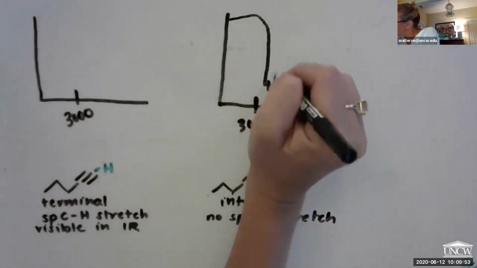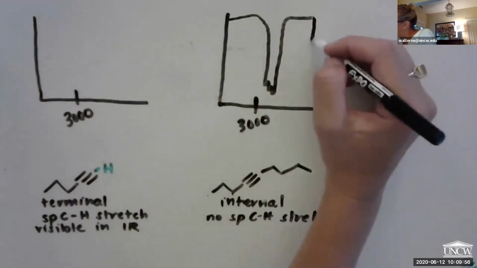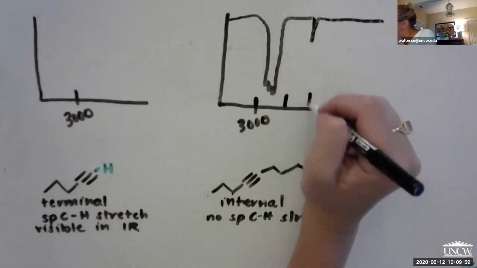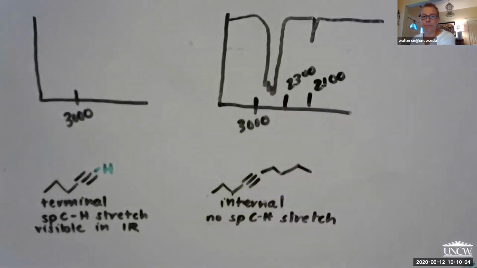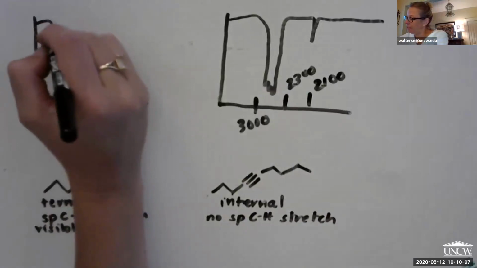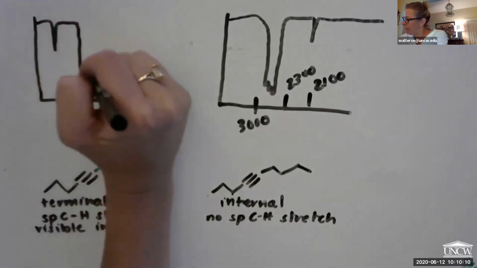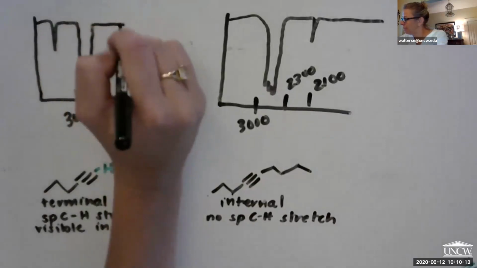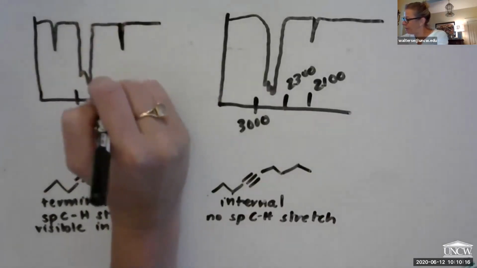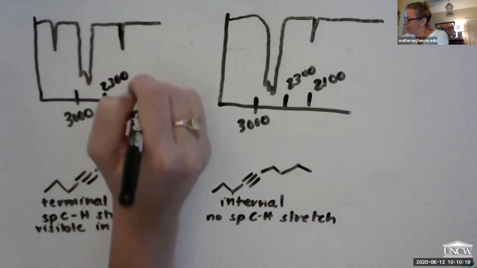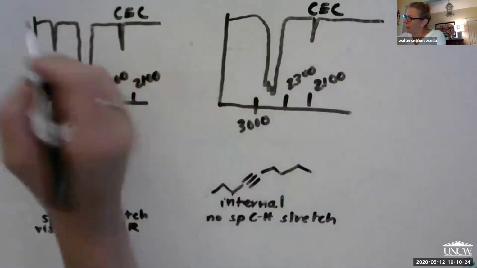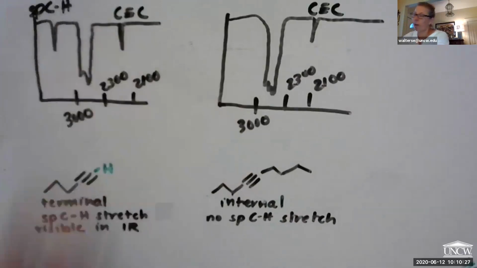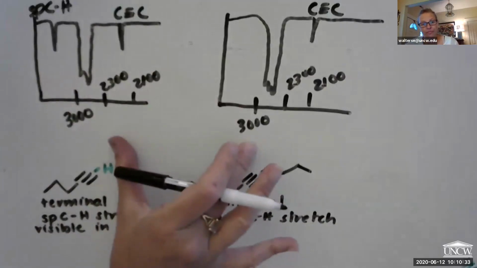The internal would look like this, and then you'd have a feature for your triple bond. This is not to scale, between 2300 and 2100. For the terminal, you would have something out here for the carbon to hydrogen stretch, then your sp3s, and then your triple bond. So they're different in the IR.